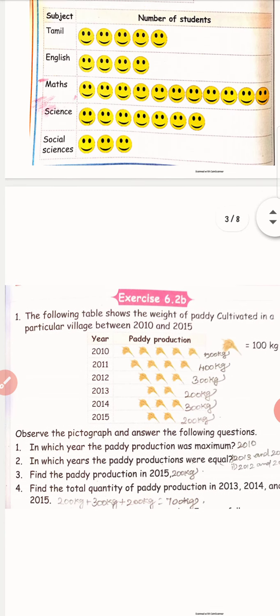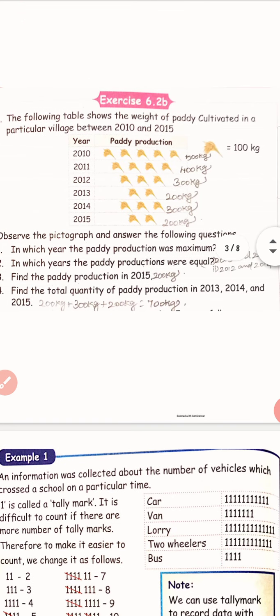Next, you see the exercise sum. The following table shows the weight of paddy cultivated in a particular village between 2010 and 2015. So in a village, the paddy production for 5 years is given. What are the years? 2010 to 2015.